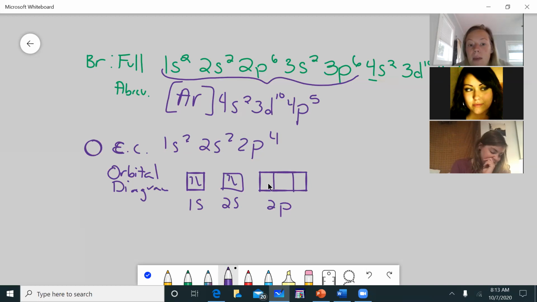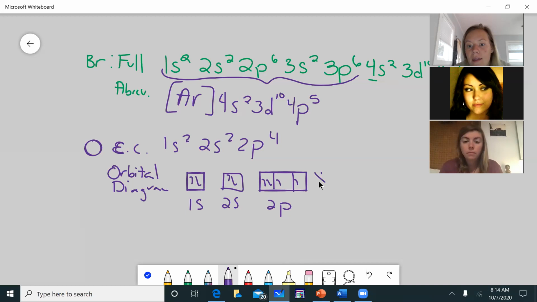And when we get to the P, remember that you've got to fill everything in singularly first, and then we double it up. So what I don't want you to do is up, down, and leave this empty, because that's very lopsided in the structure of the atom. So instead, we're going to fill in an up there, an up there, and an up there, and then we're going to go back and double up there.